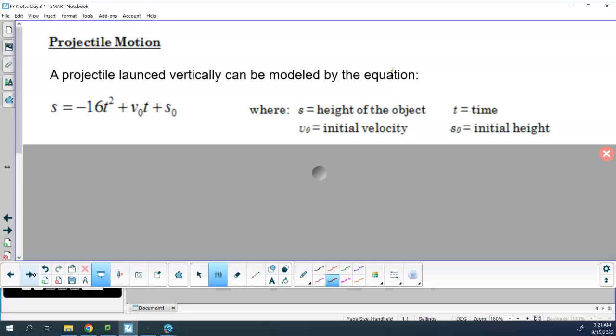So a projectile that is launched vertically, okay? What's going to happen to it? Gravity's going to, so it's going to launch at a certain velocity, right? Depending on what velocity I put. The higher it goes, the more velocity I put into it, right? So then it goes up and up and up.